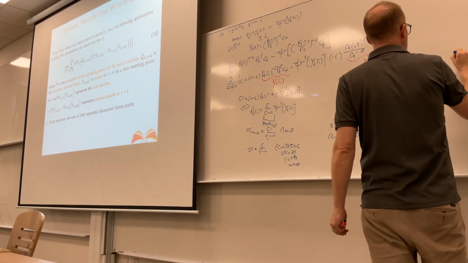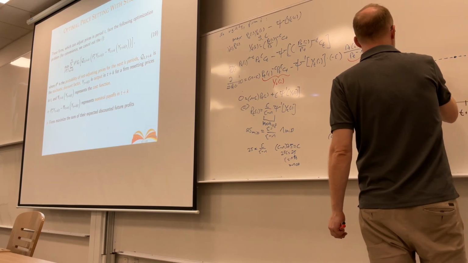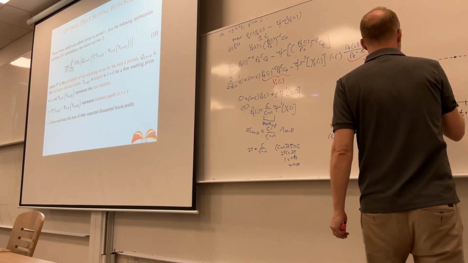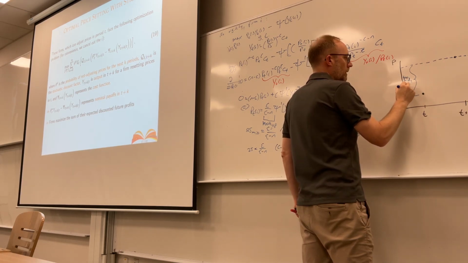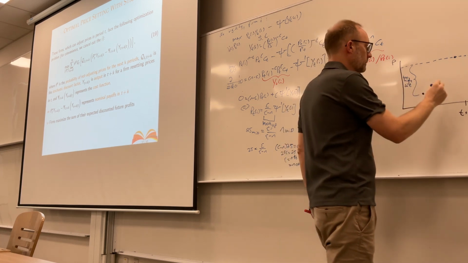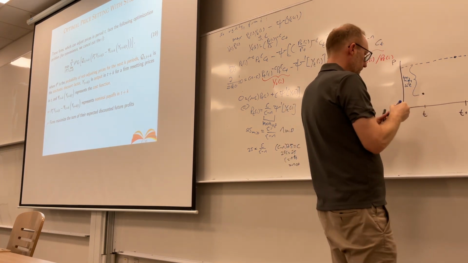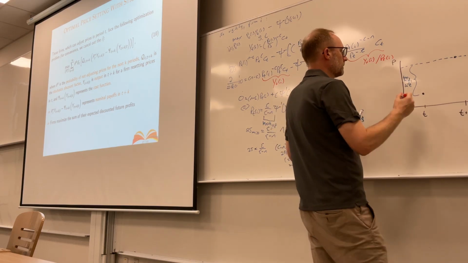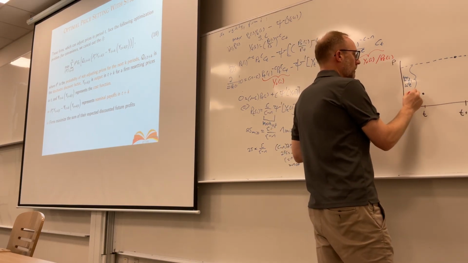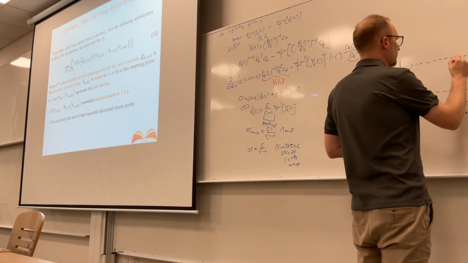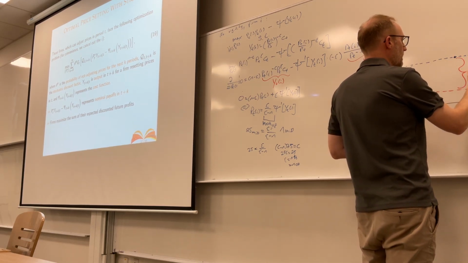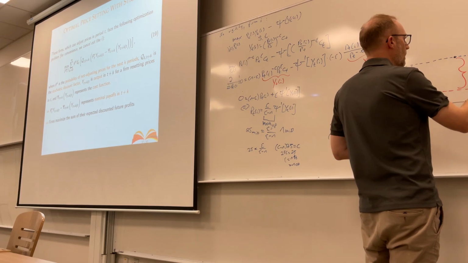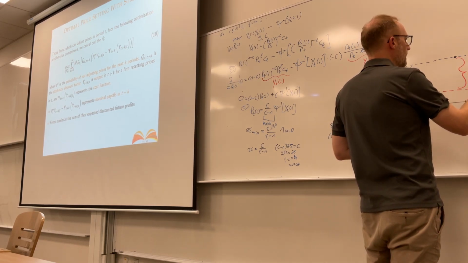If we choose this price, it's too high in T. If we choose this price, it'll be too low in T plus 1.